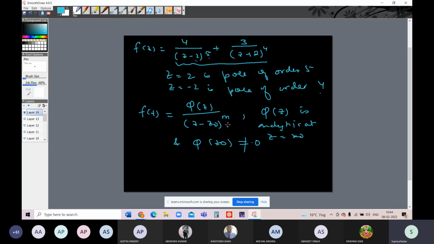In that case we say that z = z0 is a pole of order m for this function f(z).